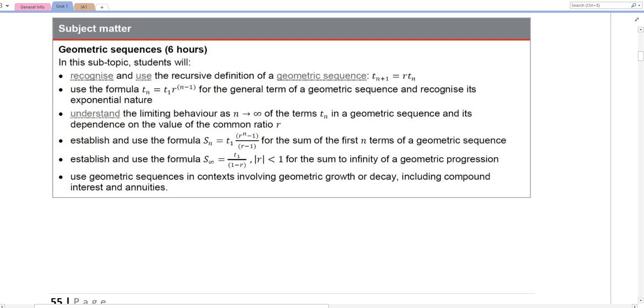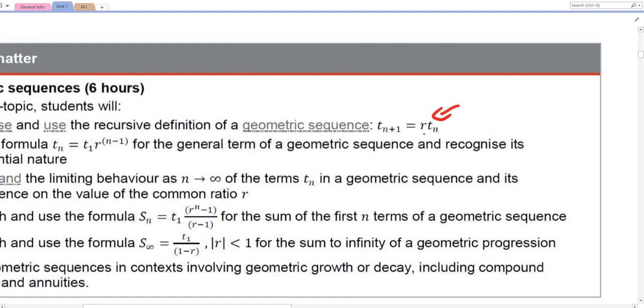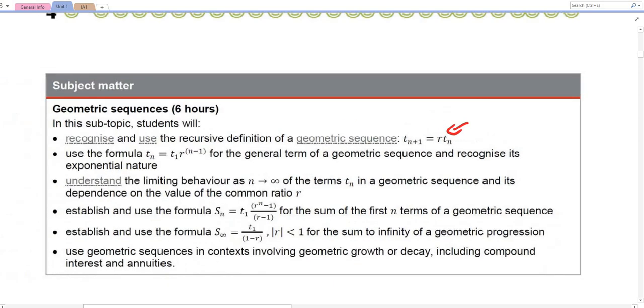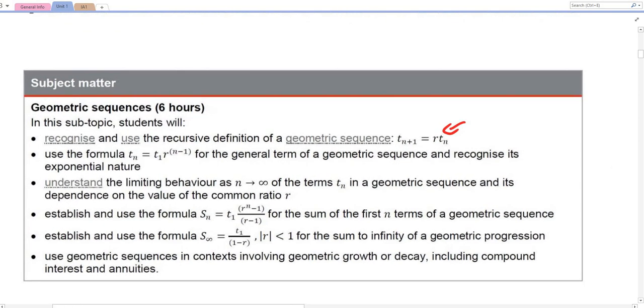There's a couple of different rules you need to know. If we have a look here, guys, our good friend recursive definitions is coming back up. And you should see that this recursive definition is the exact same as the arithmetic one. The only difference is we're timesing by r instead of plussing d. We're going to look at this formula, Tn equals T1 times r to the power of n minus 1.